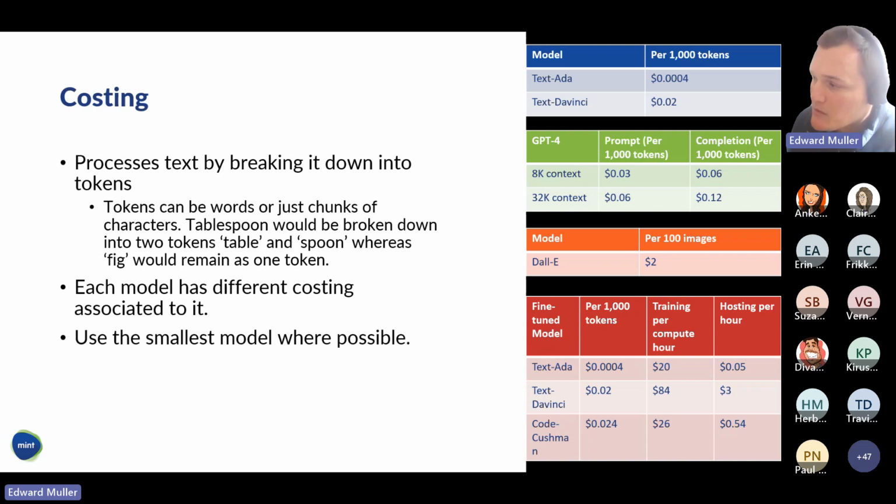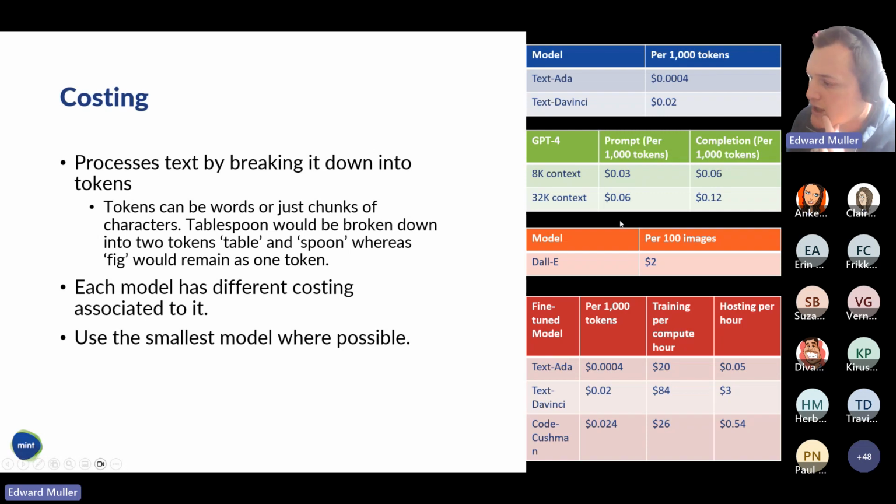Otherwise, you will be spending more money where you could be saving quite a bit. GPT-4, you can see, is a bit more, and the costing is also a little bit different. It's still token-based, but you've got prompt and completions that you pay for with GPT-4.